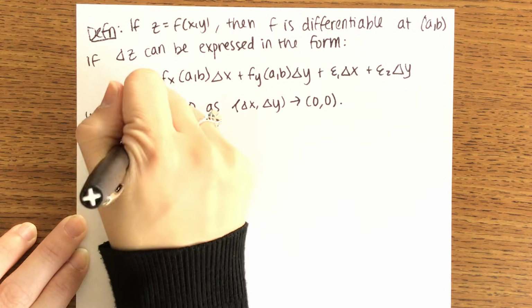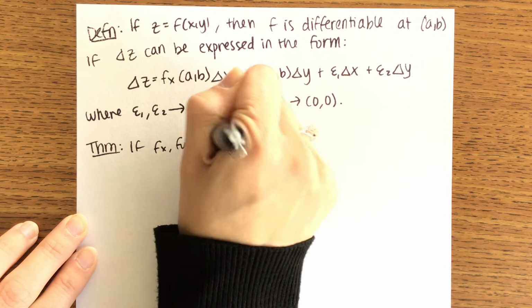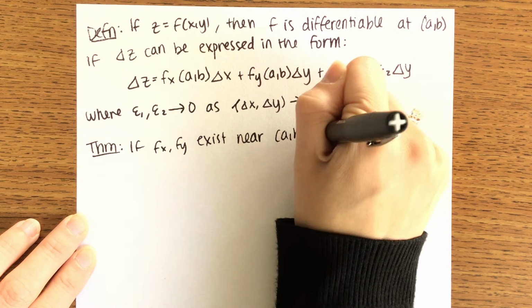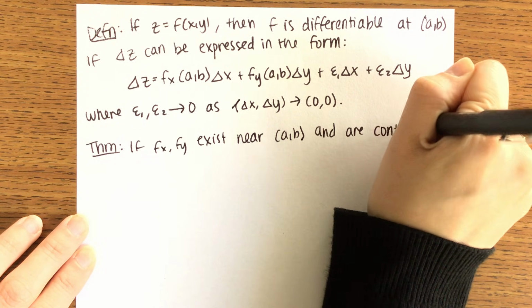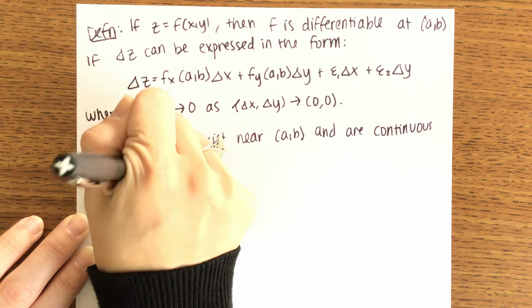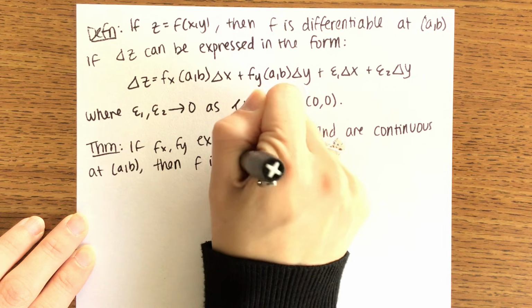What comes from this theorem? If f sub x and f sub y exist near AB, and are continuous at AB, then f is differentiable at AB.